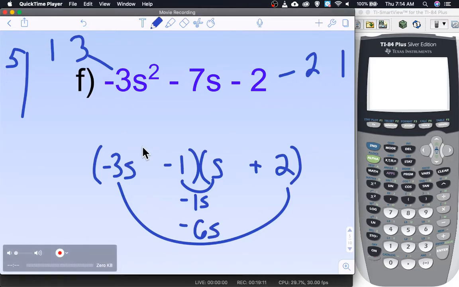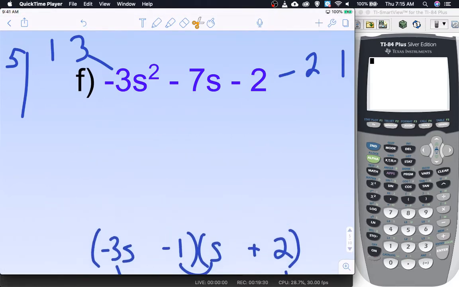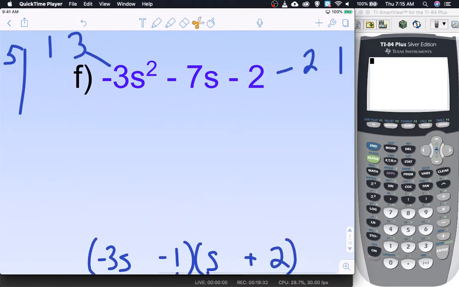And now if I double check, everything does work out. Negative 3s squared. My middle terms, I'm checking the multiplication again. Okay, I'm checking the addition again. Yep. My last terms, negative 1 times a positive 2 is a negative 2. All right, so that does work. I'm going to slide him down. That is a correct answer, and we're all good.